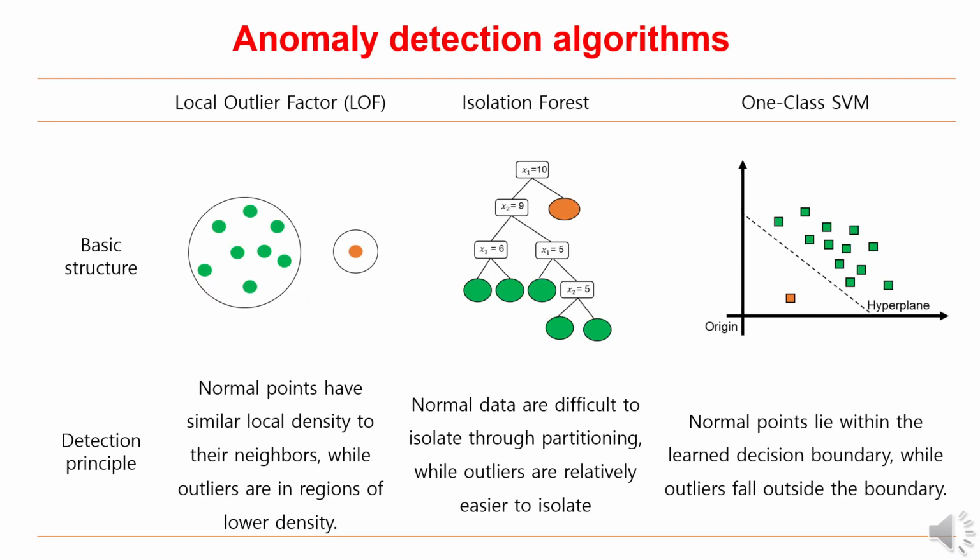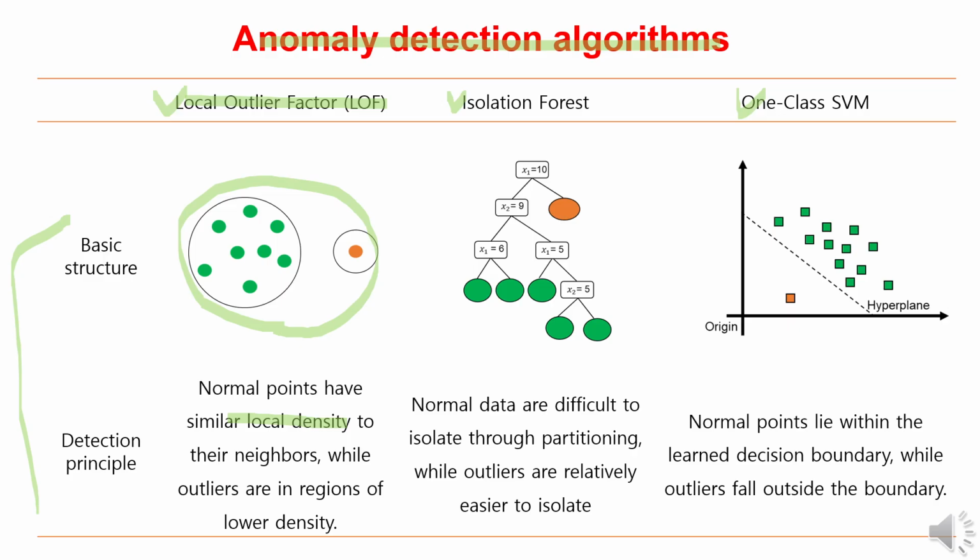First, let's take a look at three representative methods for detecting outliers: local outlier factor, isolation forest, and one-class SVM, and understand their basic principles. Local outlier factor detects outliers by looking at the local density around each data point.